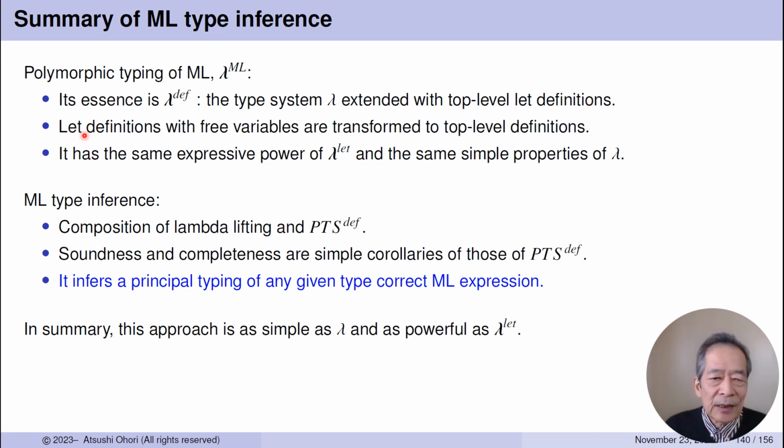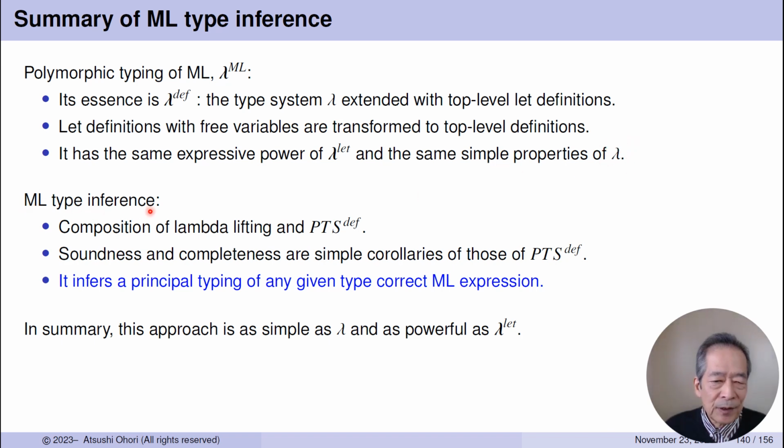Let definitions with free variables are transformed to top-level definitions, global definitions without free variables, by eliminating them with lambda-lifting. The nice thing about this approach is that it has the same expressive power as the Damas-Milner system and also the same simple properties of the simply typed lambda calculus.